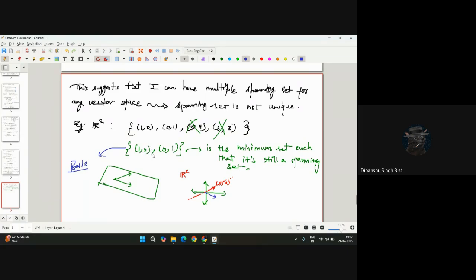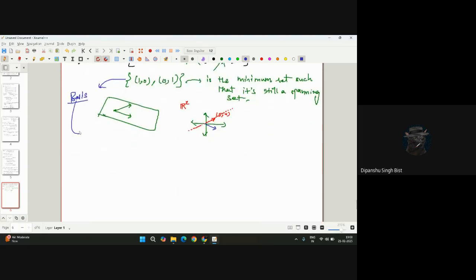Because then it will no longer be a spanning set, and if you try to add more elements to it, it will no longer be linearly independent. Okay, so we say basis is a linearly independent spanning set.